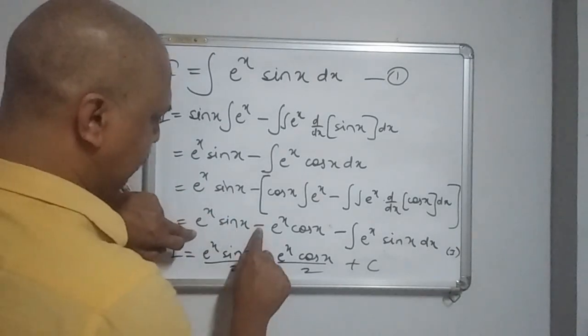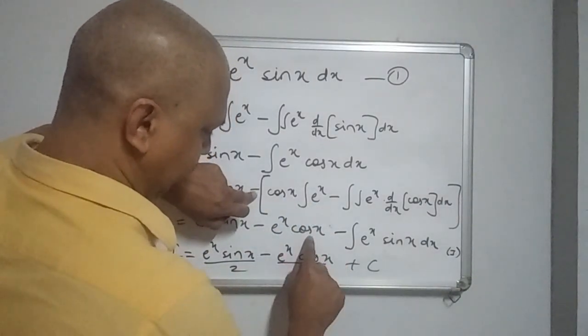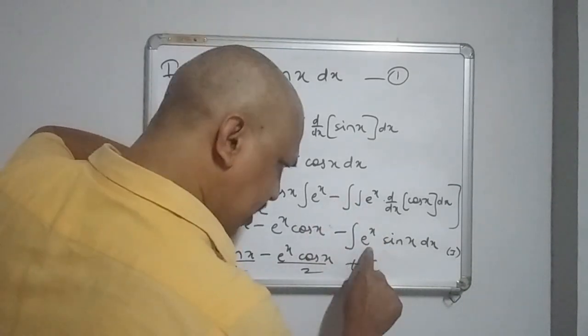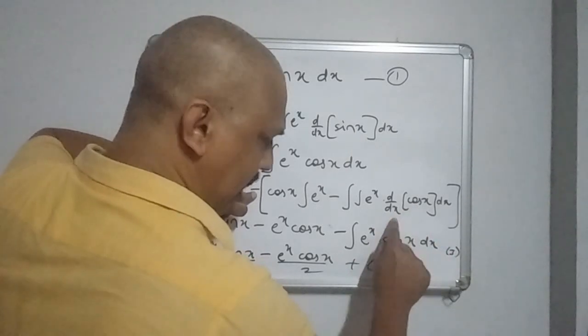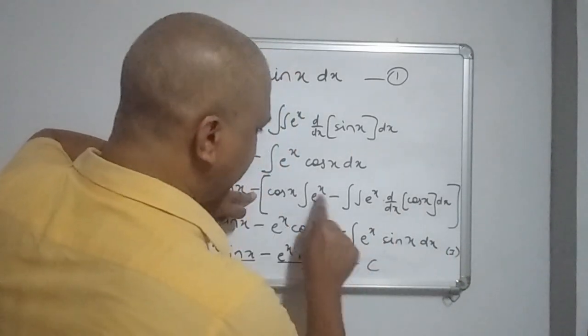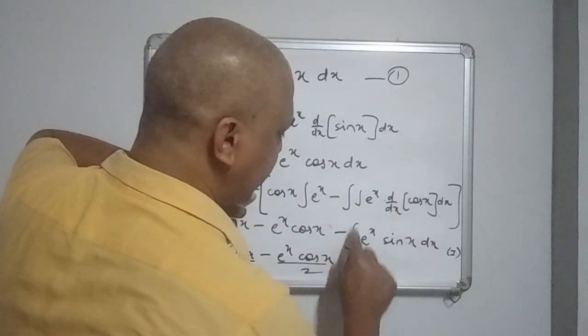E raised to x sin x minus, cos x e raised to x, minus minus plus, this is e raised to x, derivative of cos x will be minus sin x, so I'll write minus minus plus, and then minus e raised to x sin x integration.